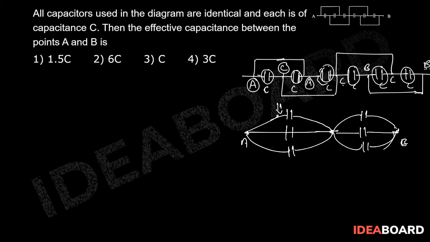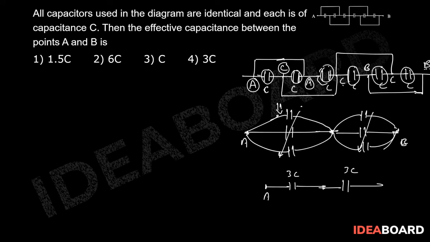Now we know that the equivalent of these 3 is going to be 3C. So a capacitor with equivalent capacitance of 3C, and the same one will also have capacitance 3C.